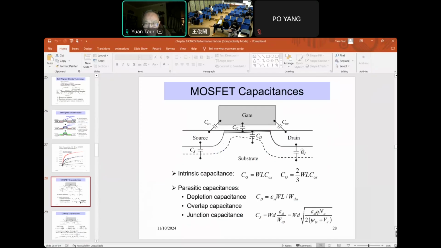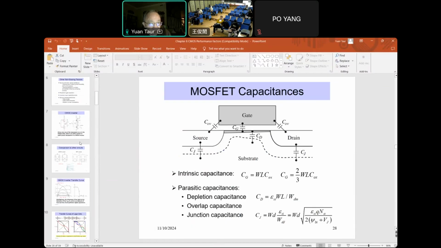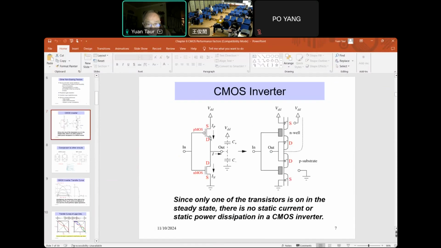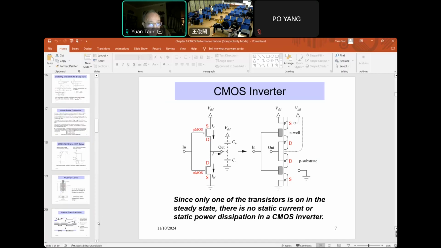Drain junction is important because you have to switch the drain on and off. For example, if you look at the original CMOS, when you switch the input, the output goes from 0 to VDD. So the drain has to go between 0 and VDD. So that's the capacitance that will slow down the switching speed.